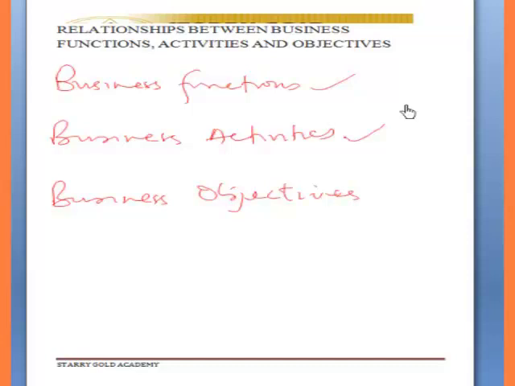Reason being that the objectives are those written statements or targets which the business organizations are established to achieve. Having defined those goals and objectives, we need to develop appropriate functions or departments that will help to facilitate the achievement of all these goals and objectives. And finally, we have to assign various activities to all these functions and departments that we have established.